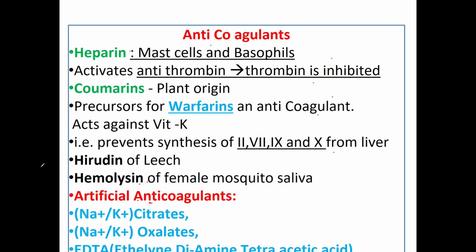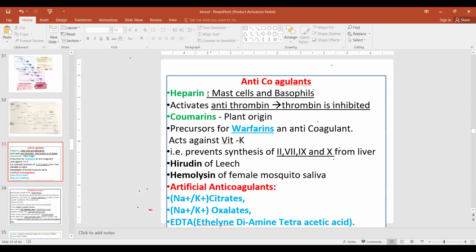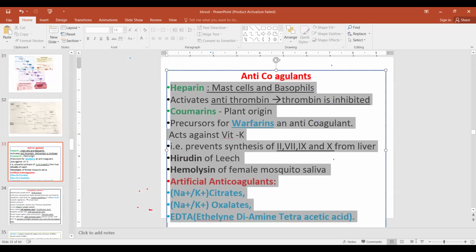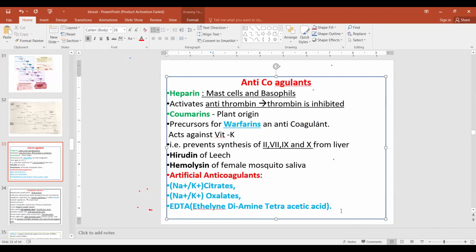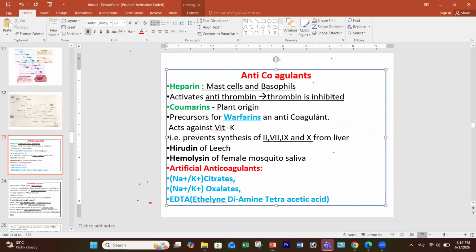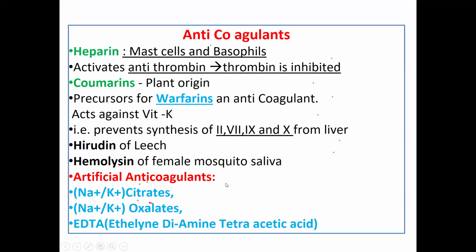So in blood banks, generally they store the blood with the help of some artificial anticoagulant substances. What are artificial anticoagulants? See, sodium citrate or potassium citrate, sodium oxalate or potassium oxalate.